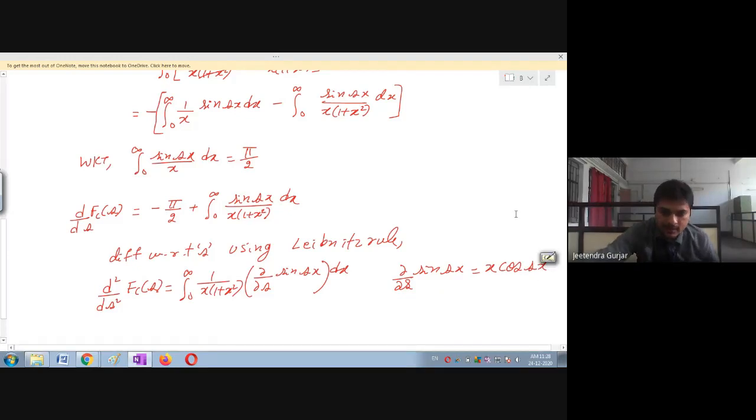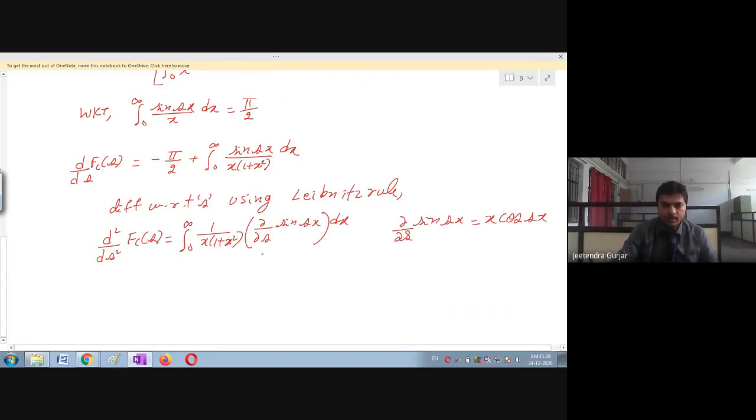So by using this rule, I'm going to substitute this value as x cos sx. Remaining terms as it is, integral 0 to infinity 1 upon x into 1 plus x square, this is going to become x cos sx dx.